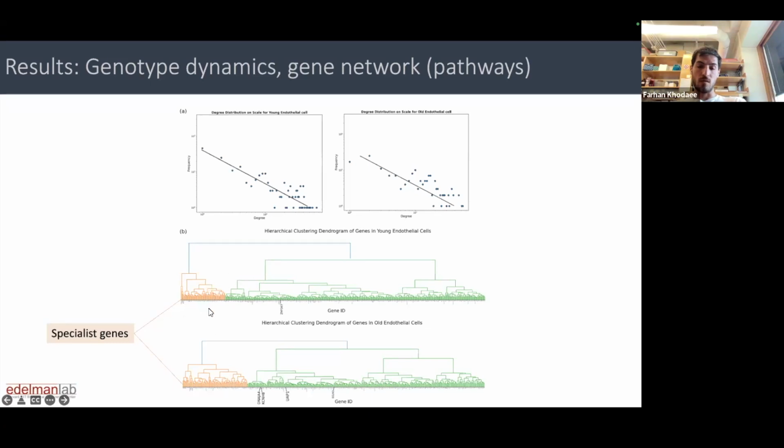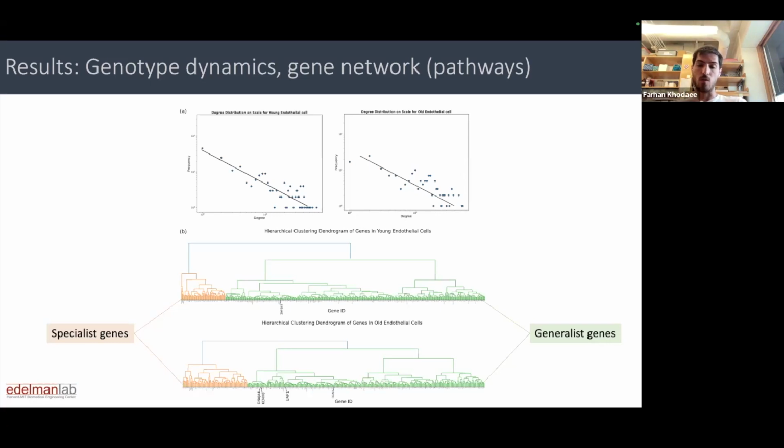And as the cells become older, they lose some of their specialized genes, or the specialized genes become more generalist, basically. And that's just losing some of the connections that they used to have. This is an interesting way of looking at it. I talked about specific genes losing their identity during this process for endothelial cells, but basically this happens for a lot of different cell types and a lot of different tissues.